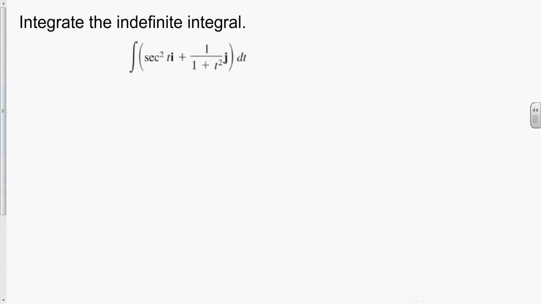The integral of the secant square? Yes, sir. So because the derivative of tangent is secant squared. So here we get tangent t i plus the integral of 1 over 1 plus t squared dt is what?